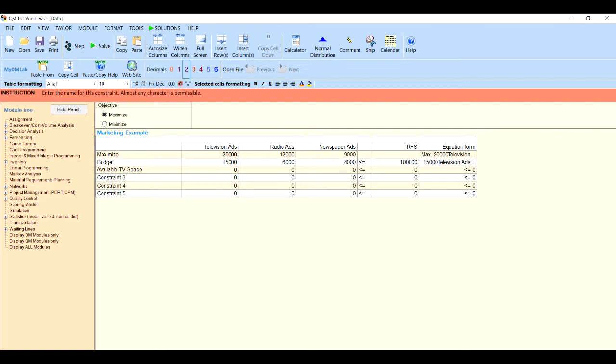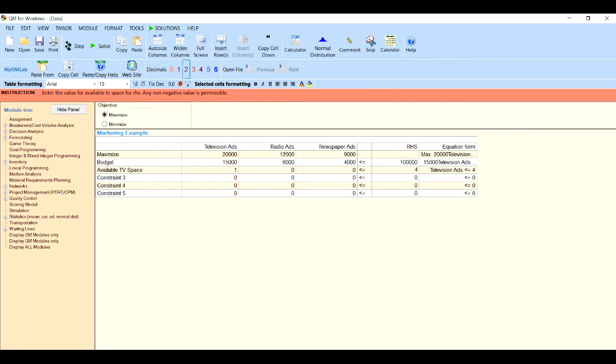So we have to go in and maximally, we can only have 4 advertisements. How do we indicate that? So it's television ads must be less than or equal to 4. So we put the number 1 here. And it must be less than or equal to 4.